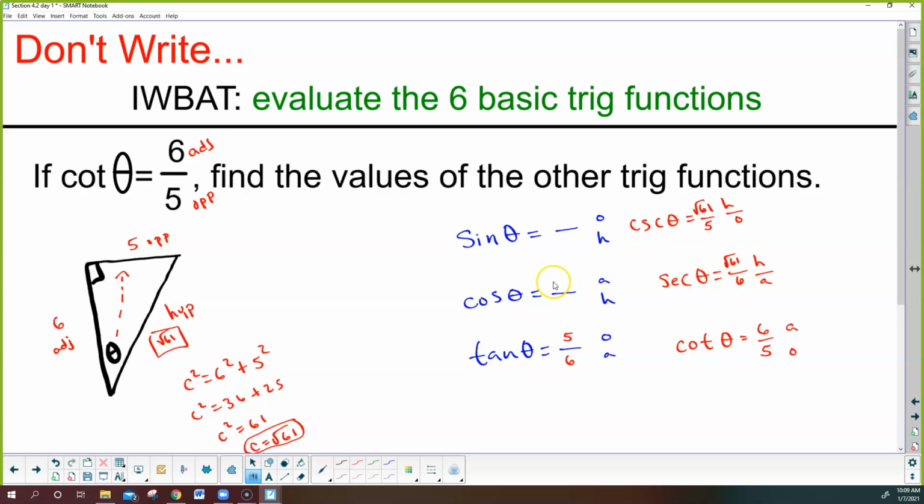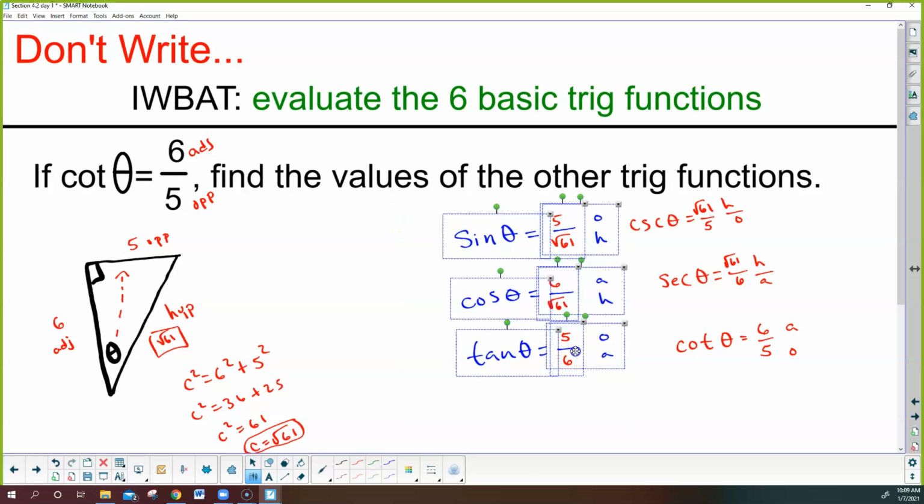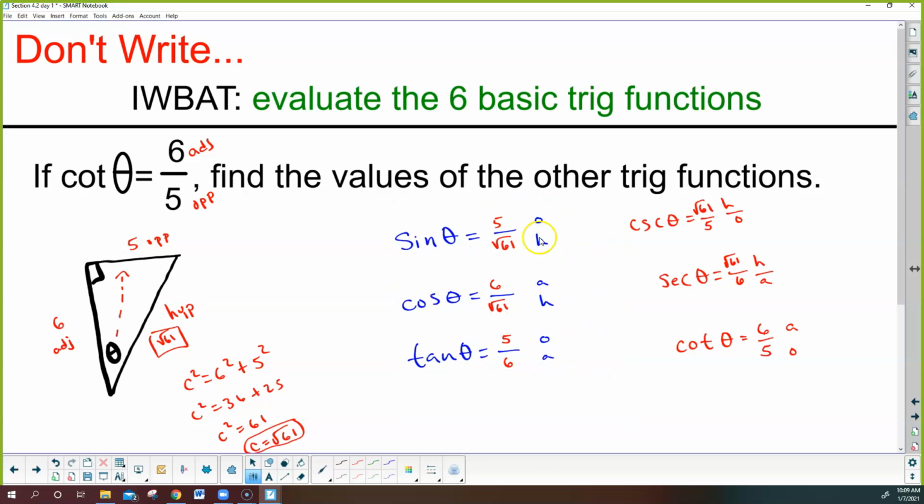And then I have my reciprocals, so I can just flip these. This is 6 over square root of 61, and then this one would be 5 over square root of 61. But I do know that I'm not happy with these two answers because they're the only ones that have the radical in the bottom.